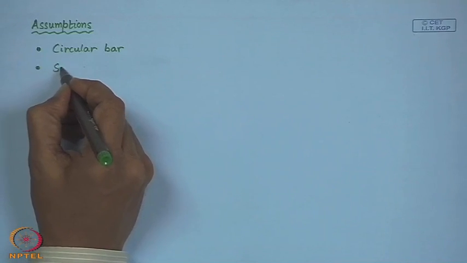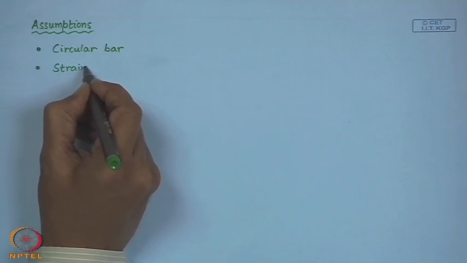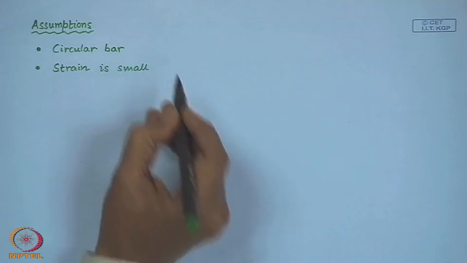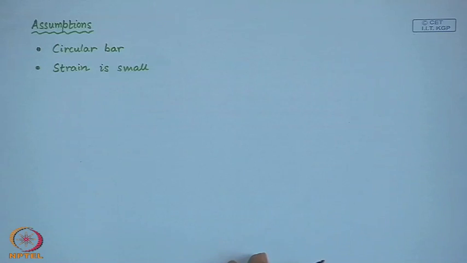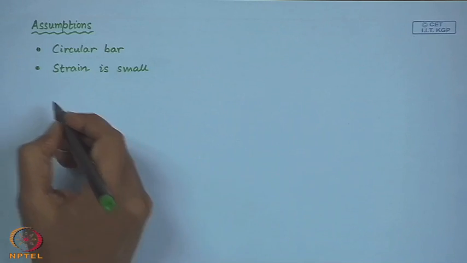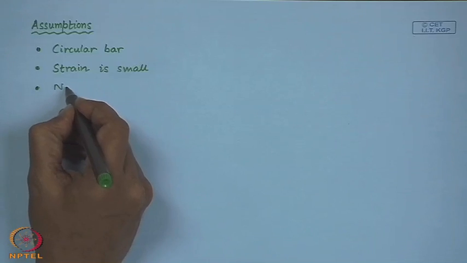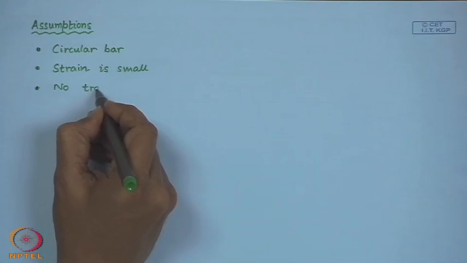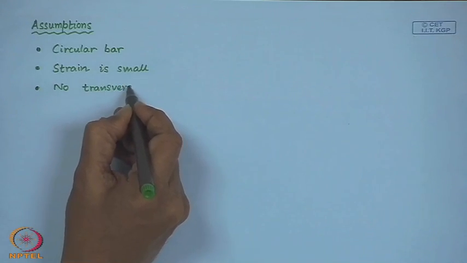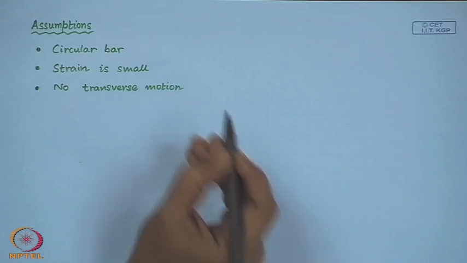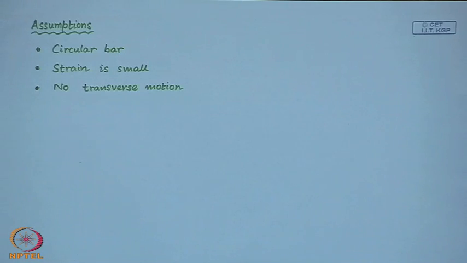We will assume that the strains are small, so that the dynamics can be adequately described by a linear model. And we will also assume that there is no transverse motion of the bar.